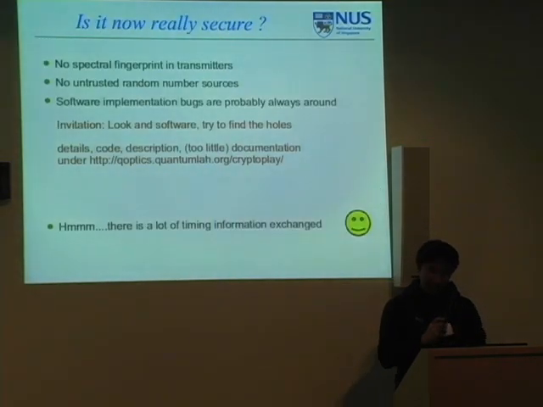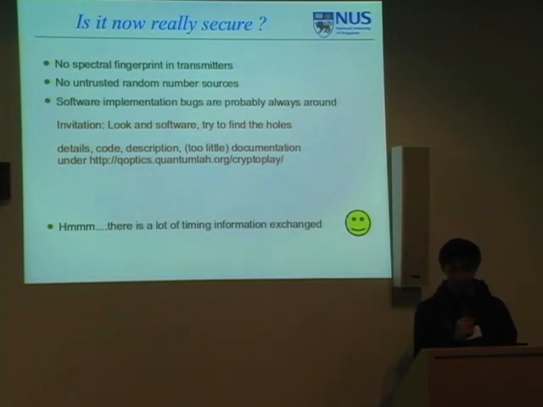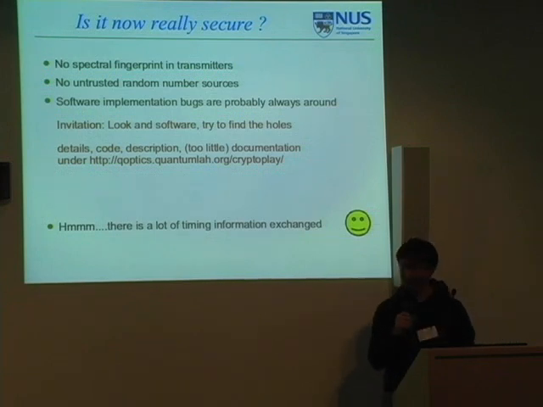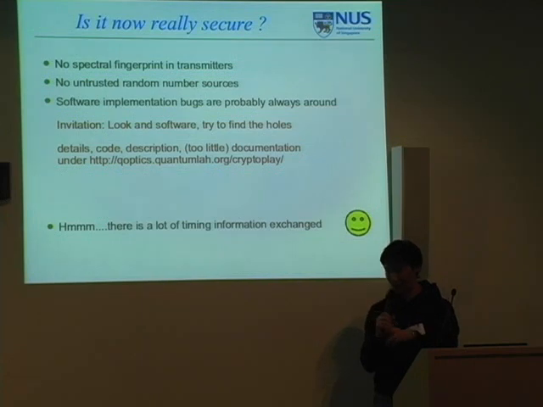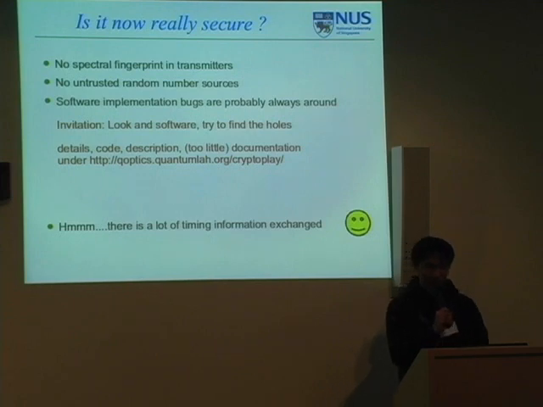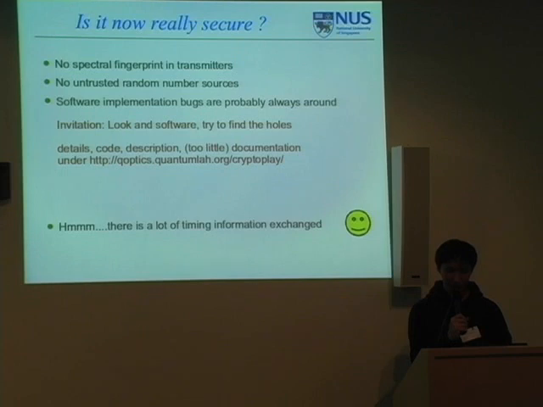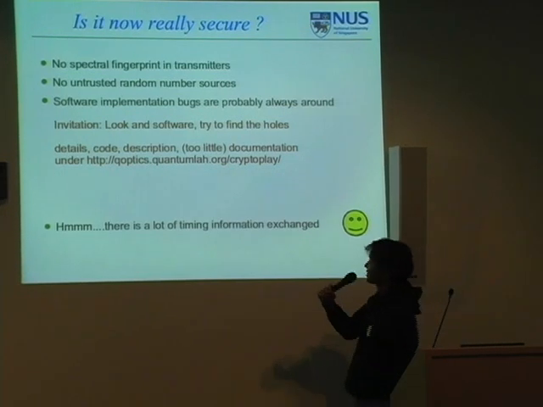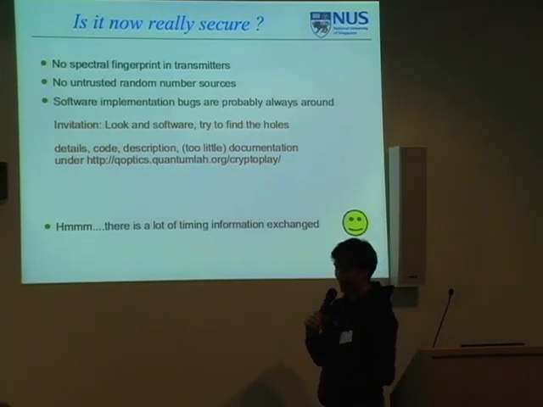So now the thing is, entangled pairs for QKD, is it really secure? Well, we're pretty sure that there's no spectral fingerprint in the photon pairs, because if there are, then the quality of the entanglement goes down and you can't really exchange a key. Now, we don't need any untrusted random number sources. But the problem is that, of course, there are always software bugs around in our software.